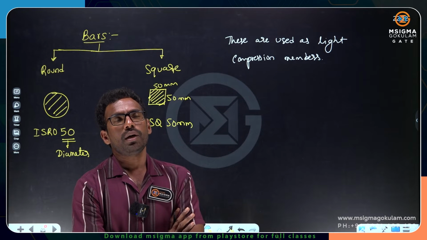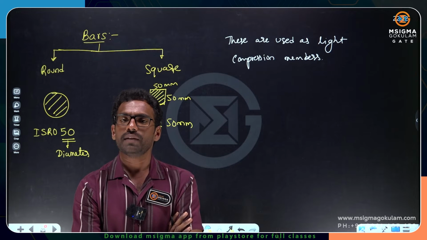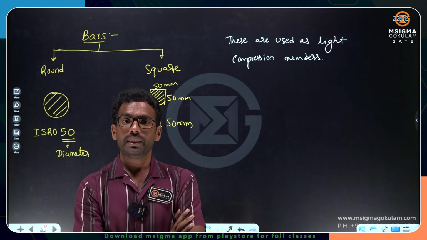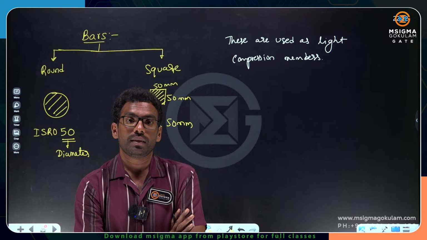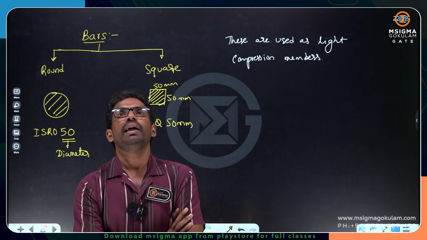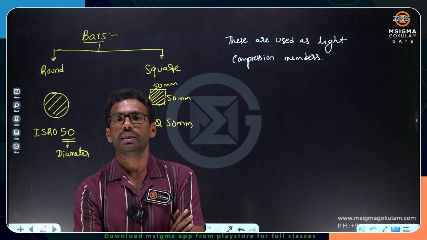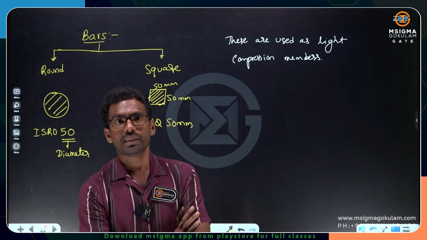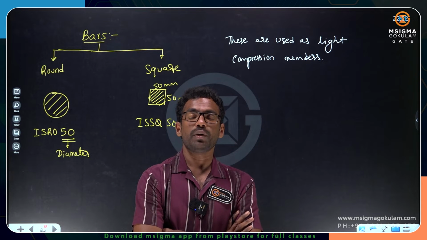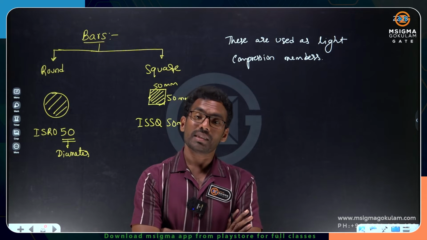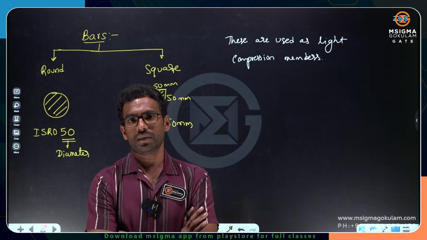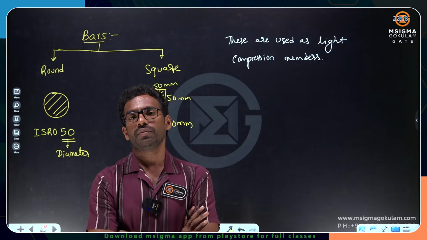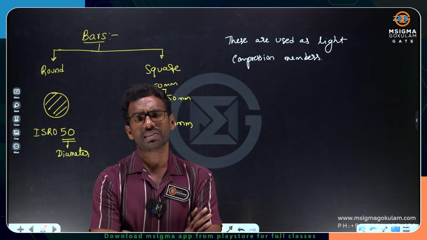Now once all these rolled sections are done, let us focus on the material characteristics. When I take steel, what are the properties of steel, where it is strong, where it is weak, where it is moderate, what stresses we should take correspondingly, and what methods are available for design of steel structures.